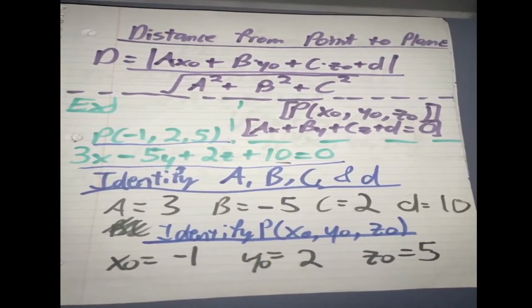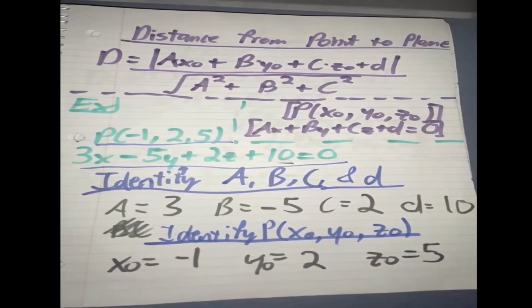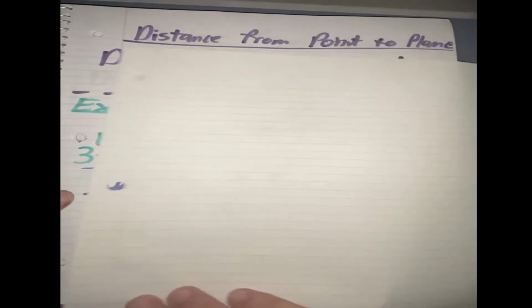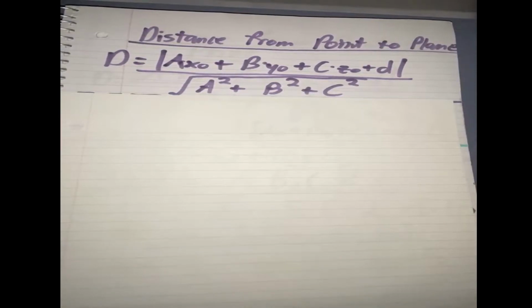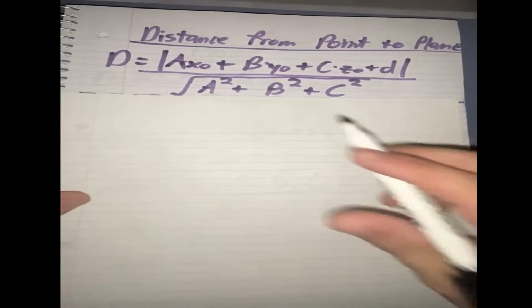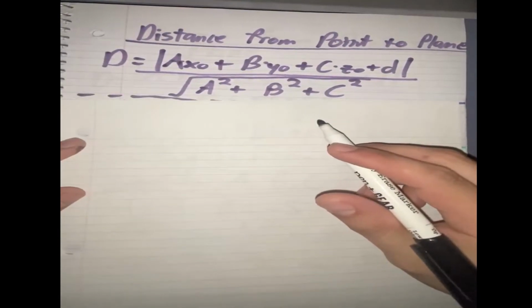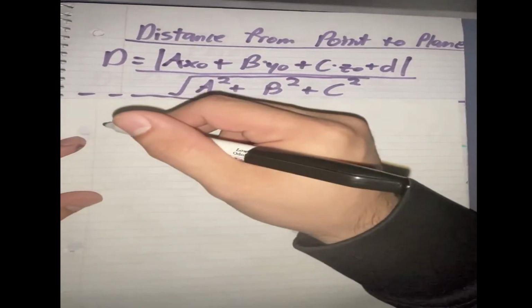So now that we have all the variables that we need, the next step would be to just plug them all into this formula. The formula for distance between a point and a plane is this right here. So we're going to go ahead and just write it down again.